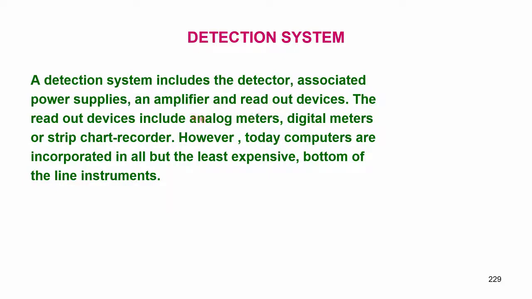Earlier they used to be analog meters, nowadays a lot of digital meters are available, and if you want to record, you can use a strip chart recorder, but strip chart recorders have become out of fashion for the last 20 to 30 years. Everything is recorded in the computer.